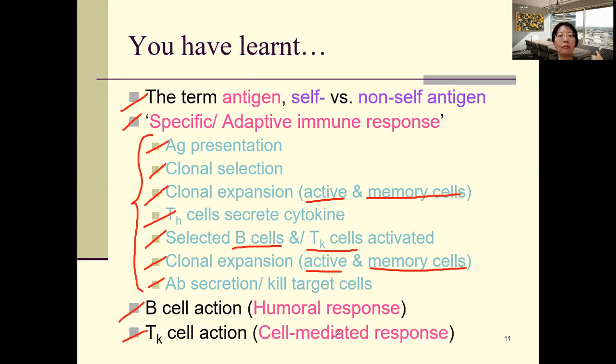This is called cell-mediated response. Humoral response is the antibody acting against the antigen, the liquid. The soluble antibody is a liquid that acts against antigen. In cell-mediated response, the T killer cell itself will bind to the cell to remove the cell. So it's called cell-mediated response.